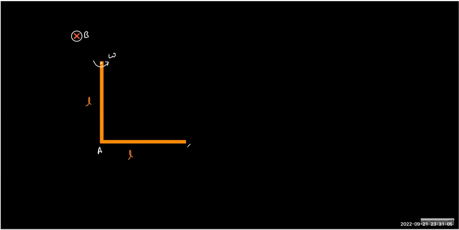You are supposed to find the induced EMF, I mean say motional EMF, in part AB.